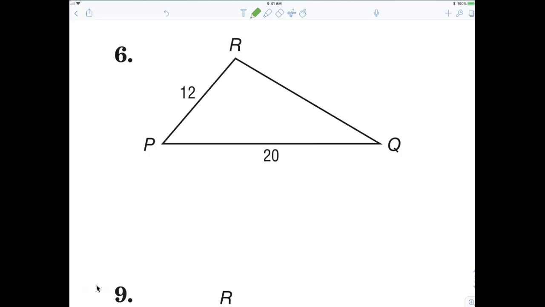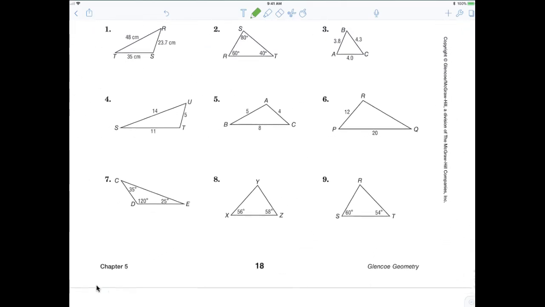I just think the editor made a mistake on this, right? Or you could use the... But we don't know it's a right triangle, so it's hard to tell. I would say they just made a typo on that.